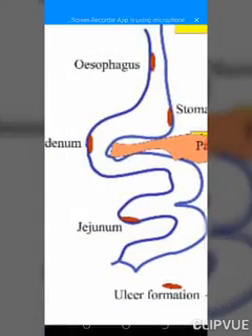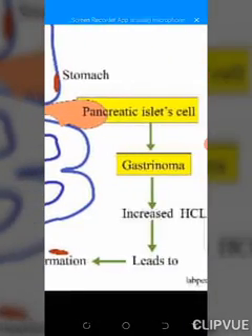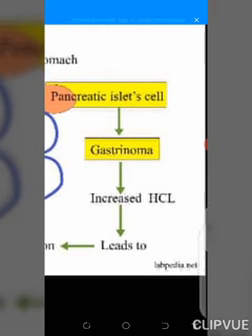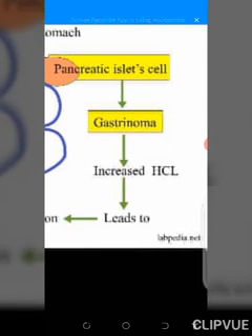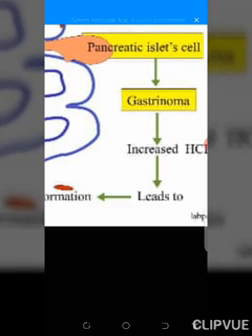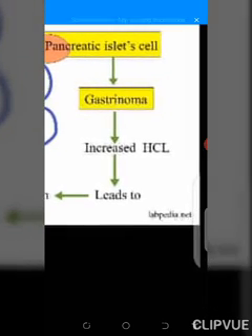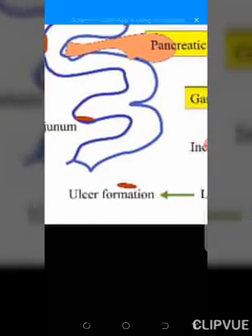They are producing excess gastrin, which is the primary problem. This excess gastrin causes increased hydrochloric acid production, and increased hydrochloric acid production leads to ulcer.